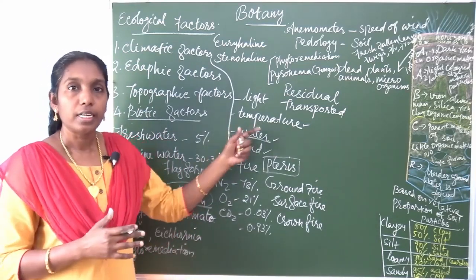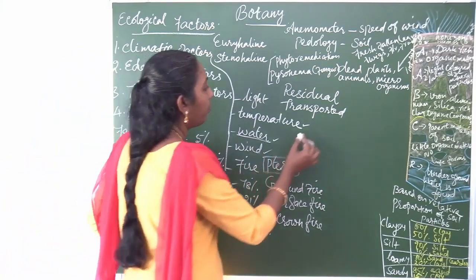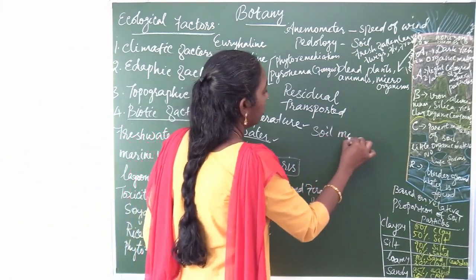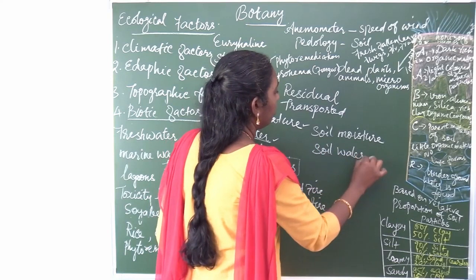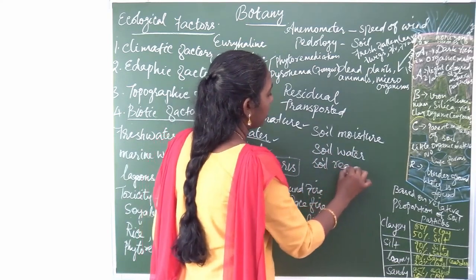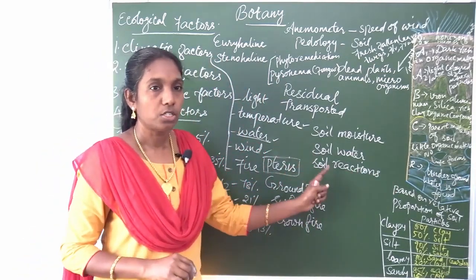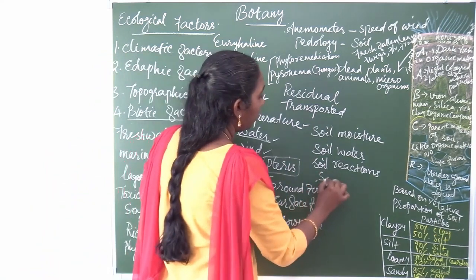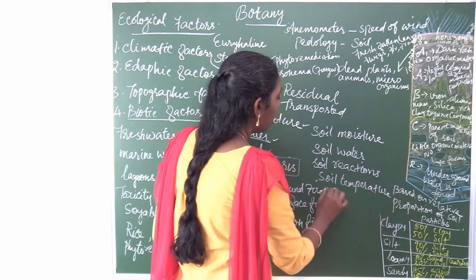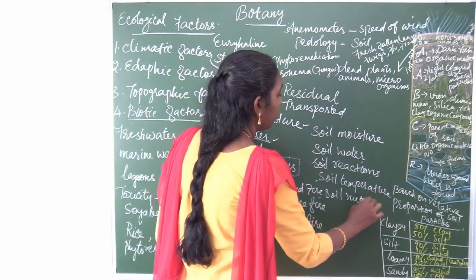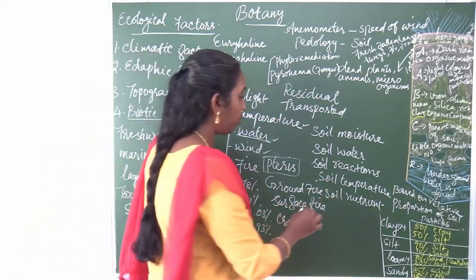Soil contains different forms: soil moisture, soil water, soil reactions, soil temperature, soil nutrient, soil atmosphere, and soil organic matter.